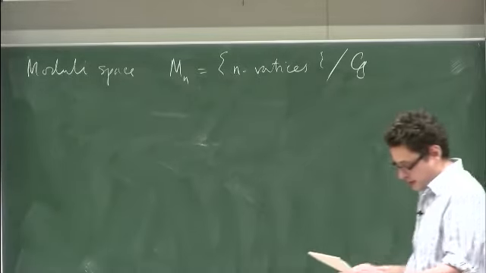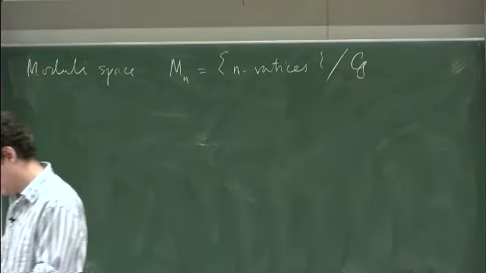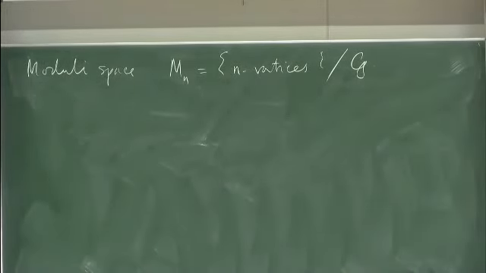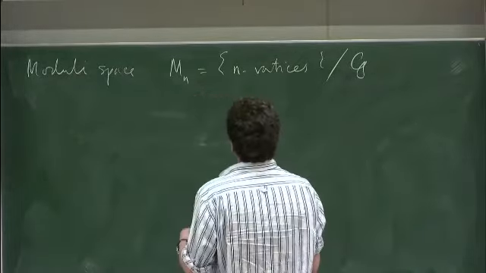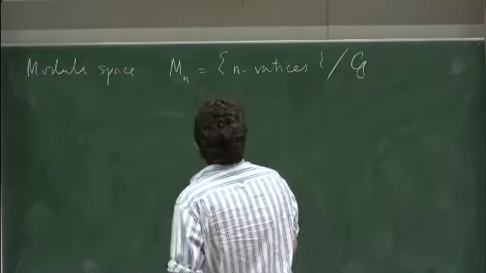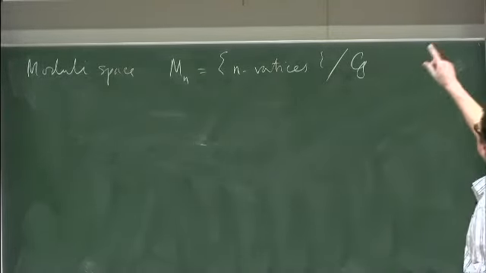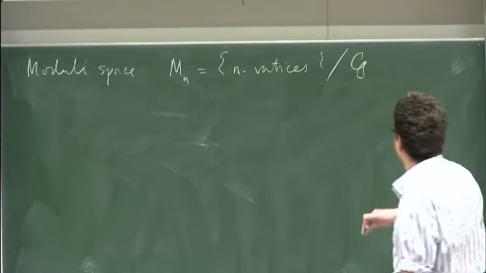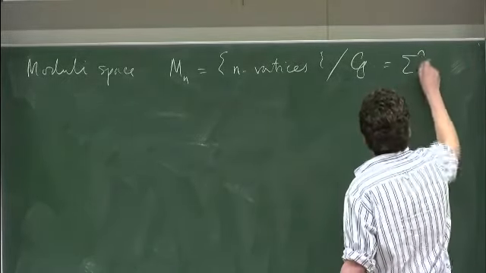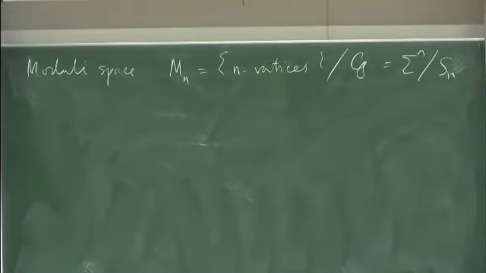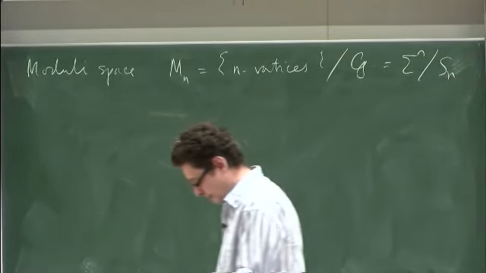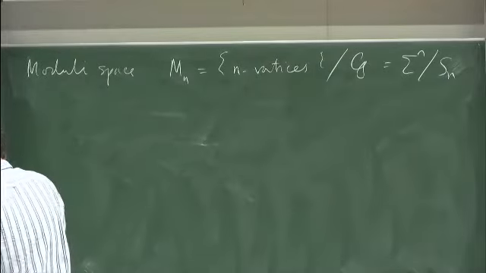And by the existence theorem, any one of those three versions of it, we know what this is. It's just the space of unordered n-tuples of points in sigma. So it's the nth symmetric product of sigma, sigma to the n modulo the permutation group. Topologically it's very simple.